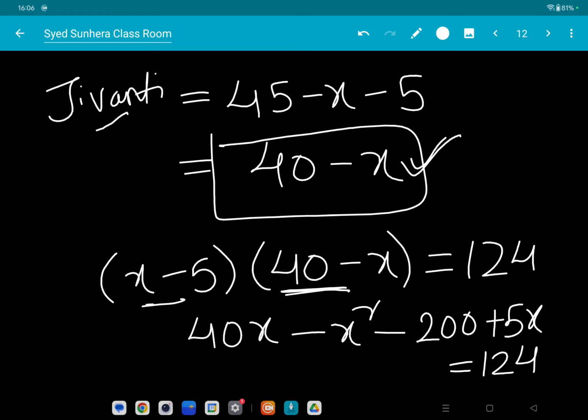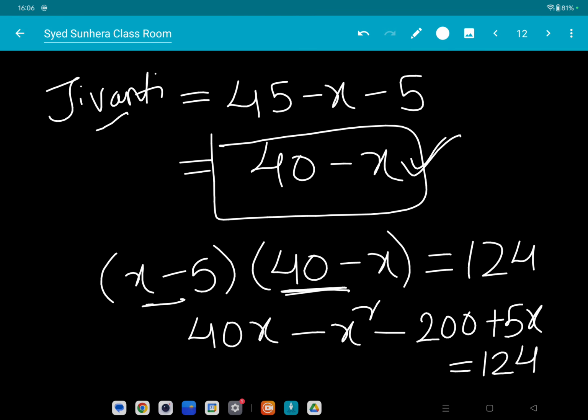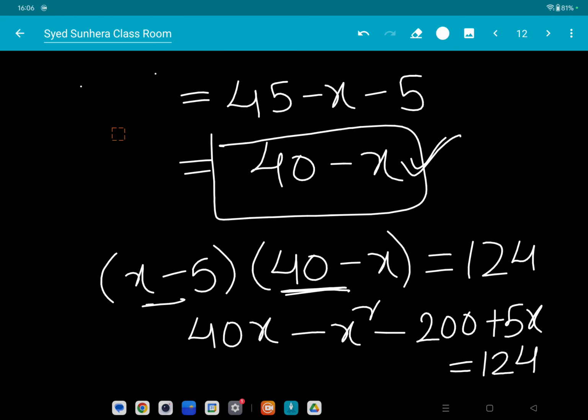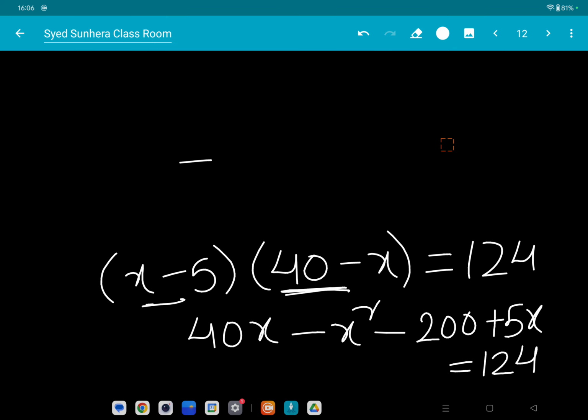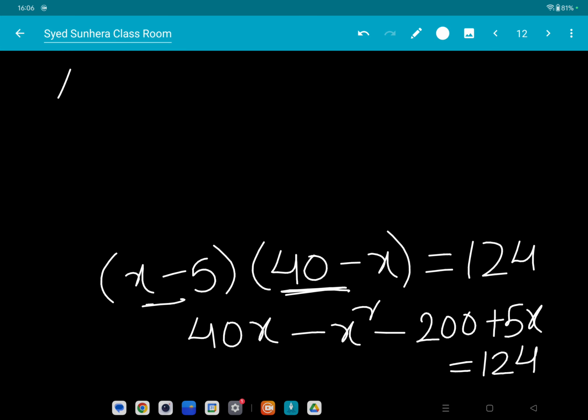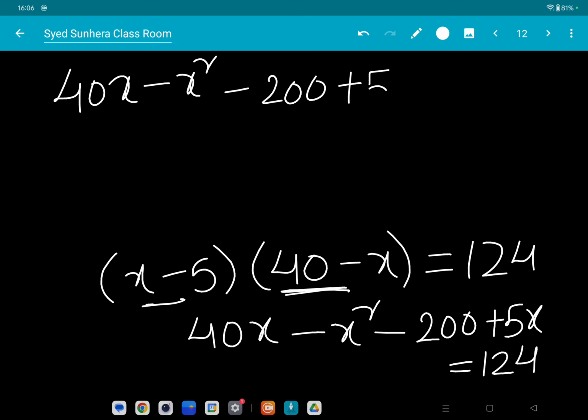So this is the equation we got. If I simplify this, 40x minus x square minus 200 plus 5x.